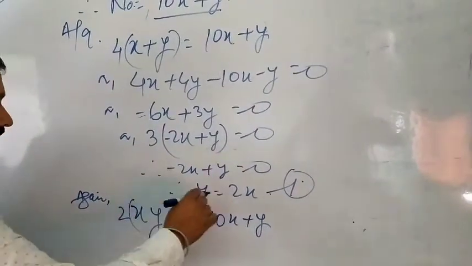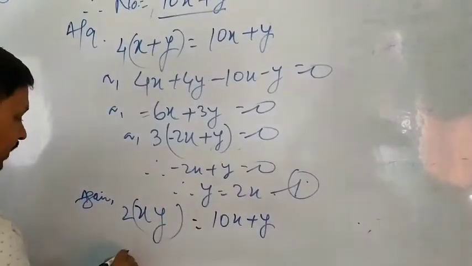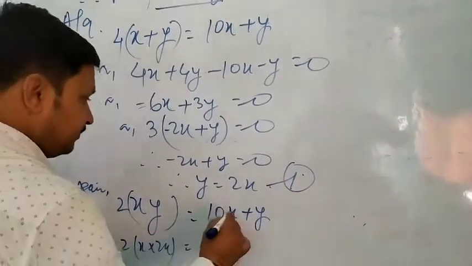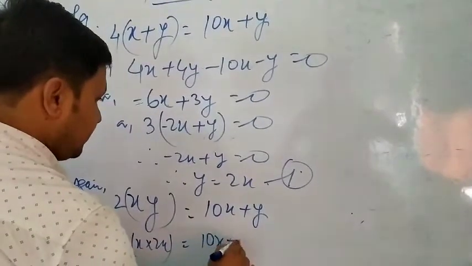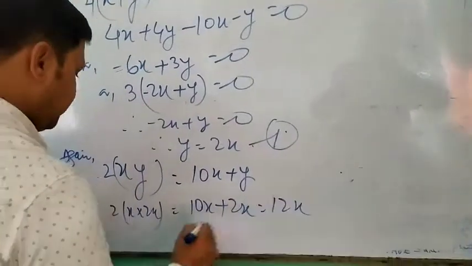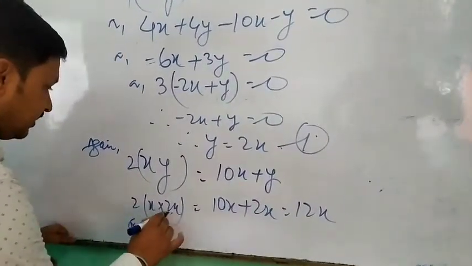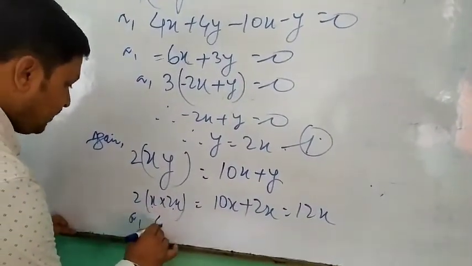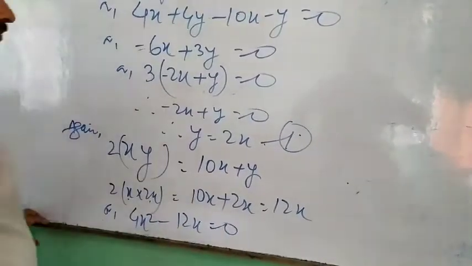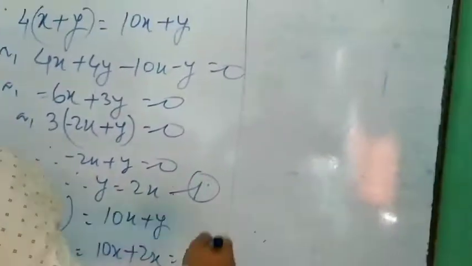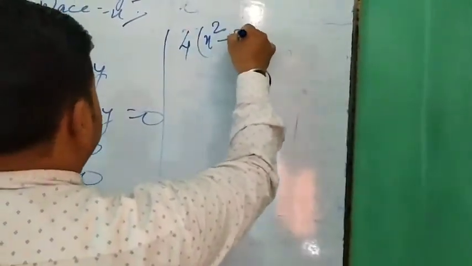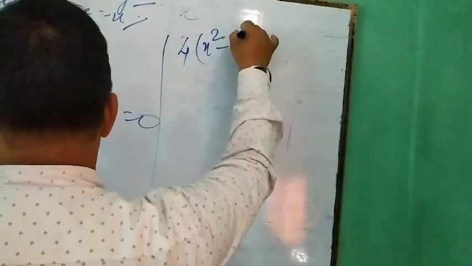So here we put y equal to 2x: 2 into x into 2x equals 10x plus 2x. That means 4x square equals 12x, so 4x square minus 12x equals 0. So 4 is common, x square minus 3.